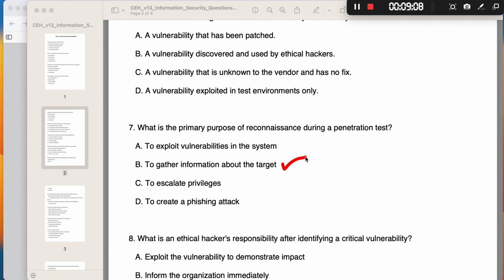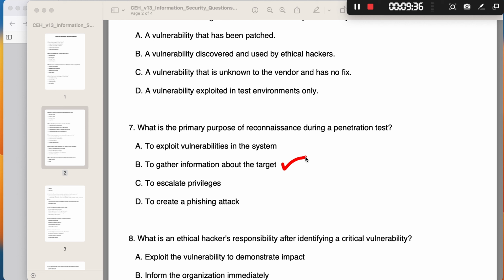When you're doing reconnaissance, just as the term implies, you're going to collect as much information as you can using technical tools or your abilities to find publicly available information to create a profile of your target.